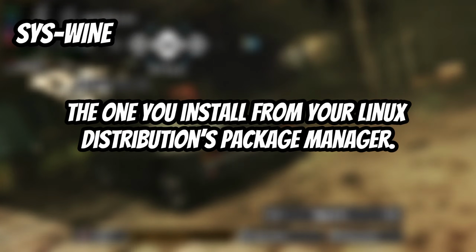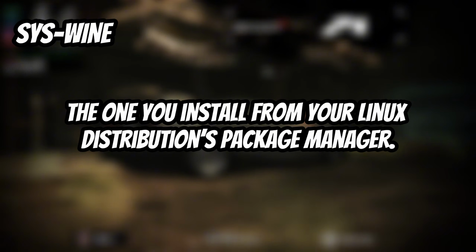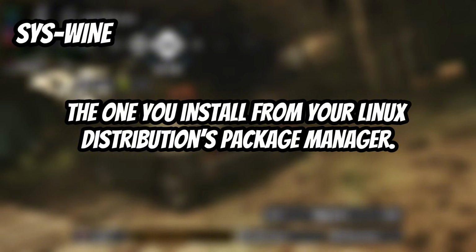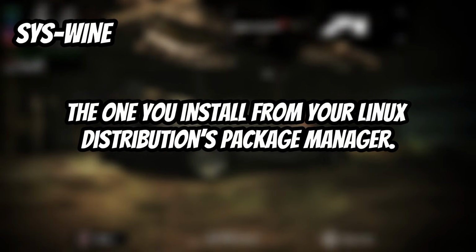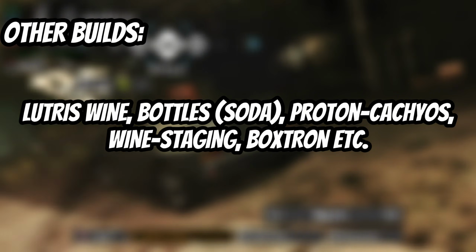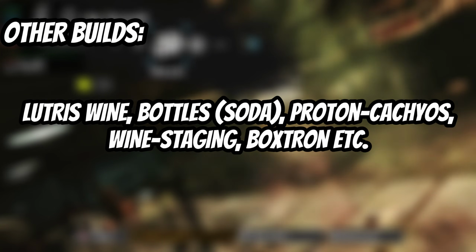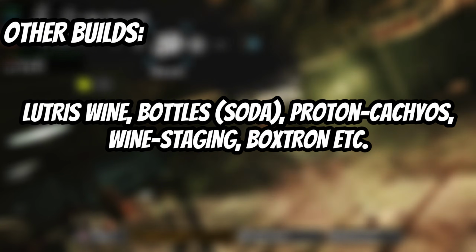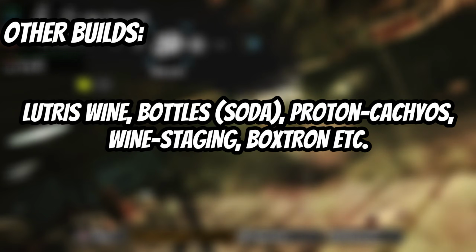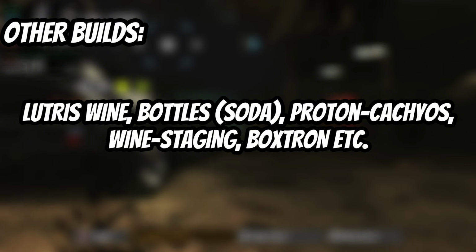Then we have System Wine. This is the version of Wine you install from your Linux distribution's package manager. It's good for running general Windows software, but usually not gaming optimized. And finally, we have other builds like Lutris Wine, Bottles runners, Soda, etc. These are special builds with extra libraries, codecs, or experimental patches, often aimed at compatibility outside of Steam.